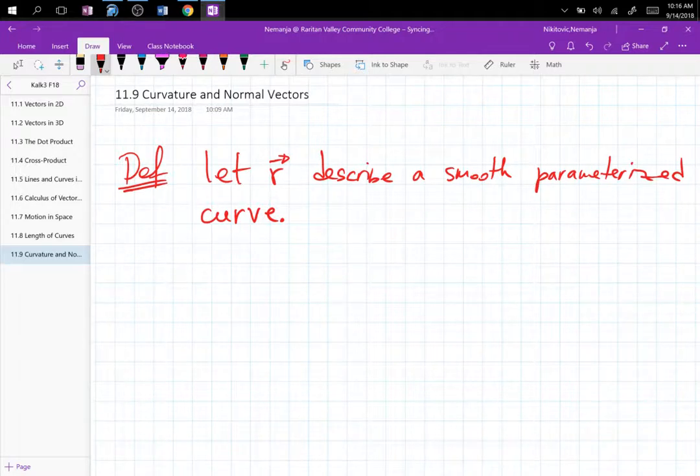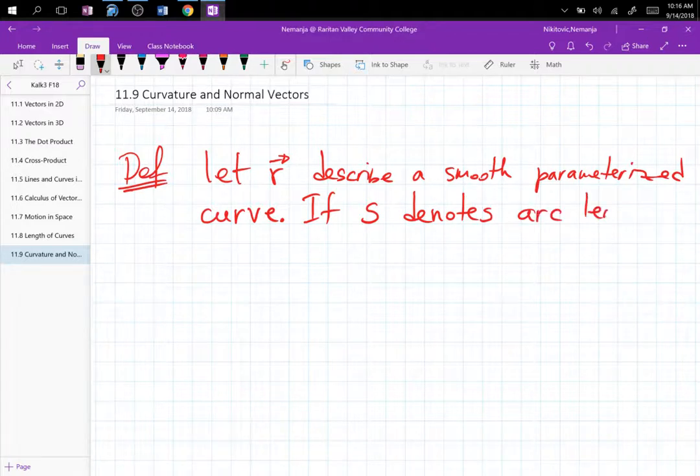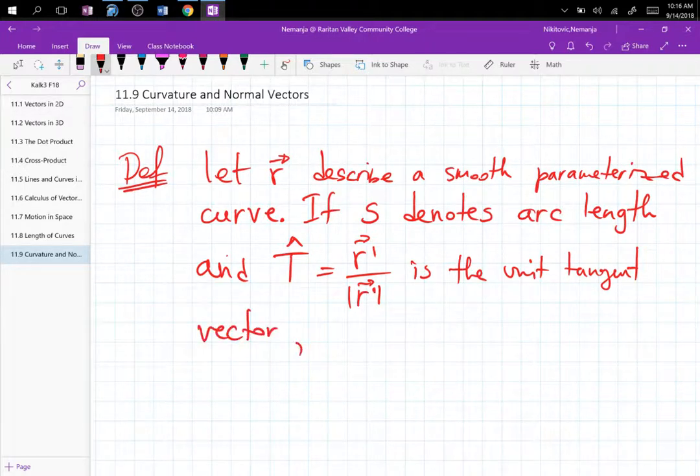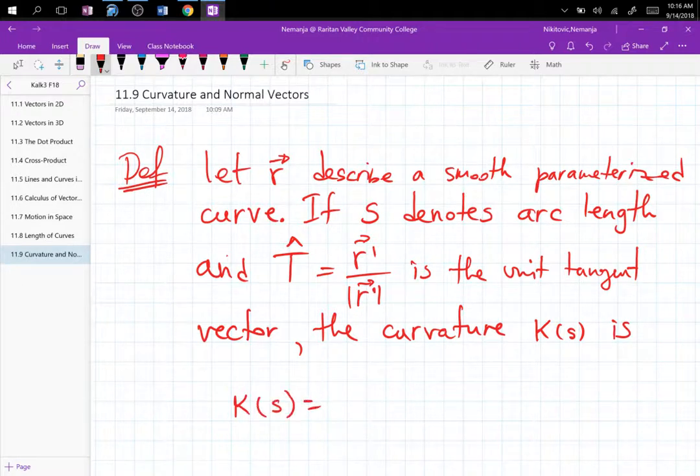If s denotes the arc length, and T hat equaling r prime over the magnitude of r prime is the unit tangent vector, the curvature K expressed through arc length is K of s equal to the magnitude of dT hat over ds.